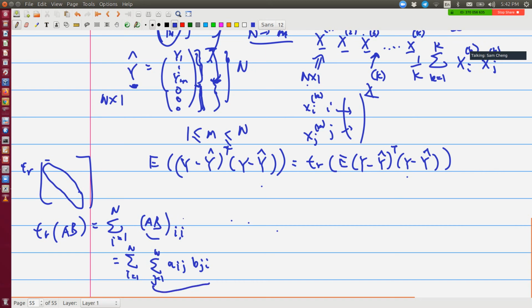Because that is the ith element of AB. In general, AB_mn is equal to the summation over j of A_mj B_jn. This is general. Now I just consider the ith element, so m is equal to i and n equal to i, so I have this here.